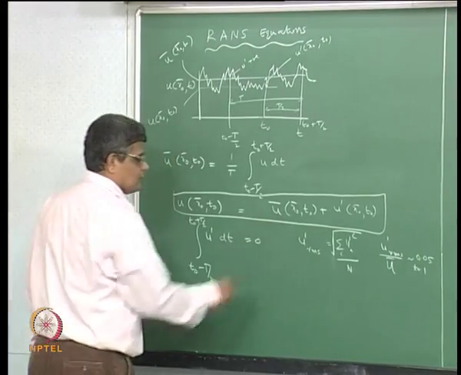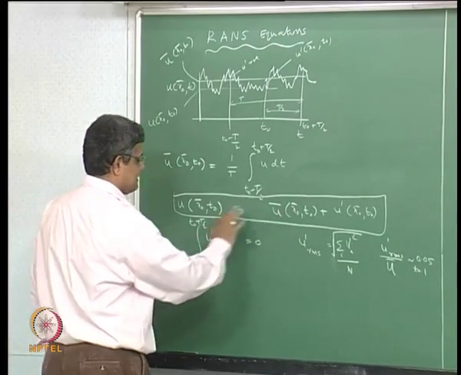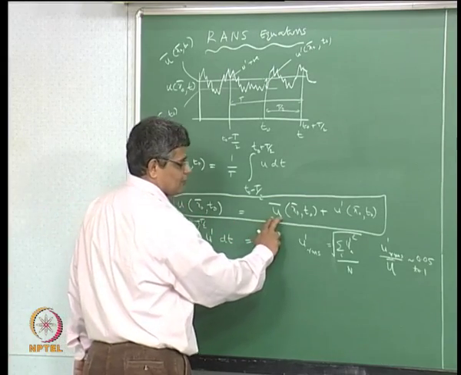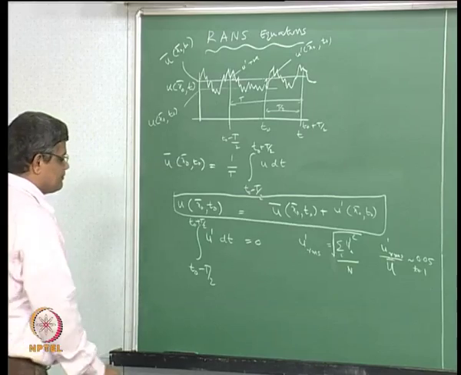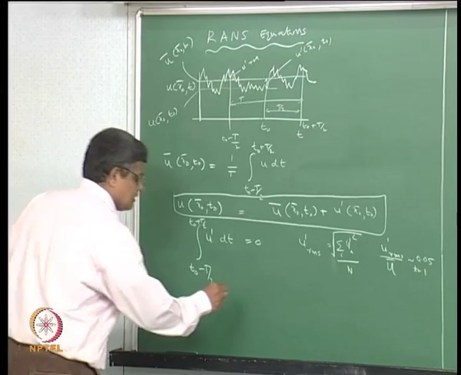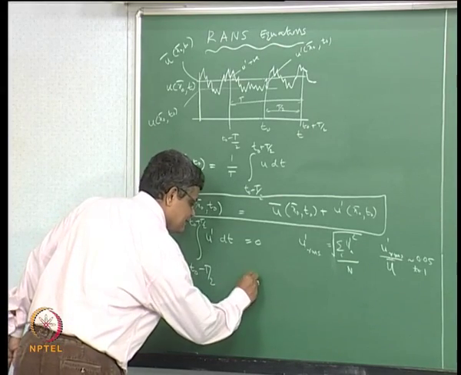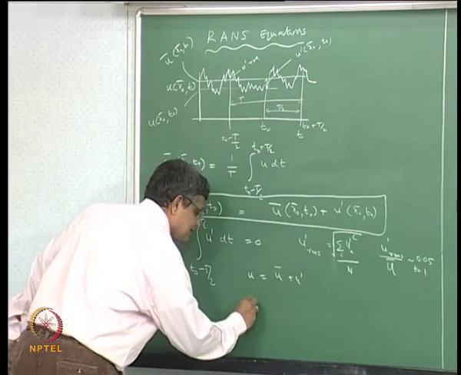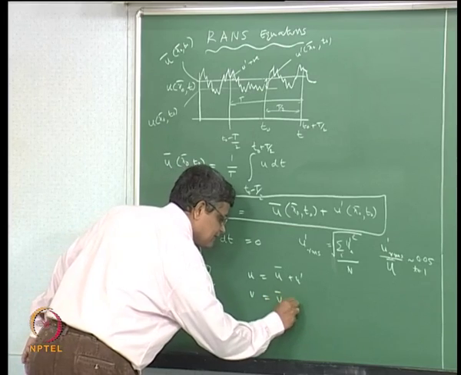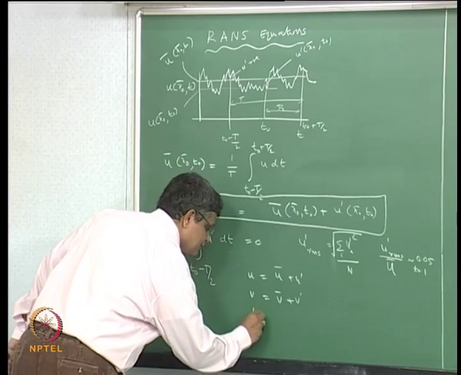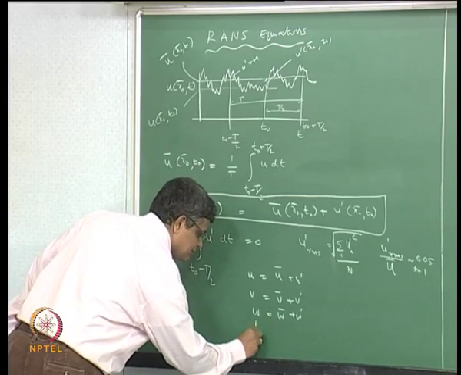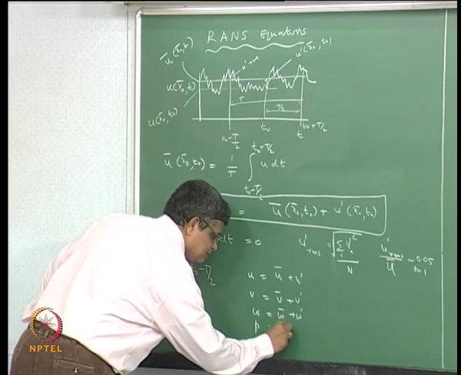So now using this decomposition of velocity into an average velocity and a fluctuating velocity, we can do this for all quantities. So we can write u as u bar plus u prime, v as v bar plus v prime, and w as w bar plus w prime, and the other quantity that we have is p bar plus p prime.